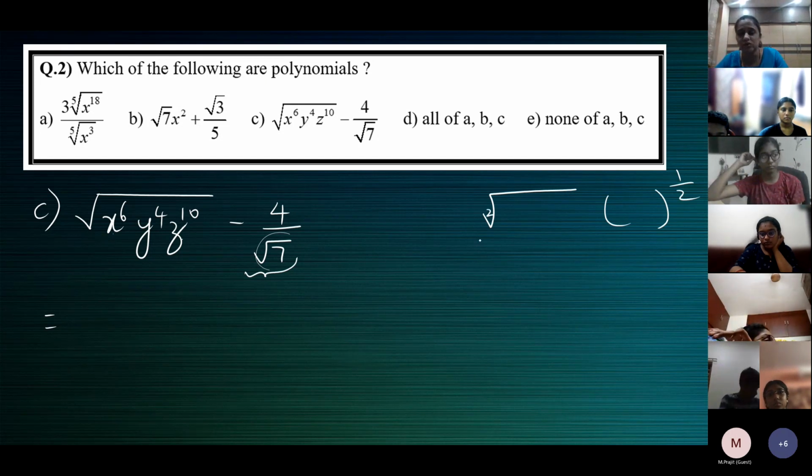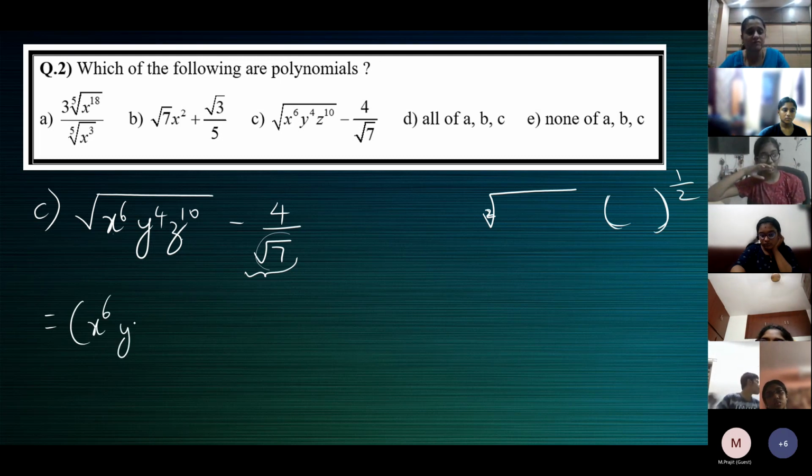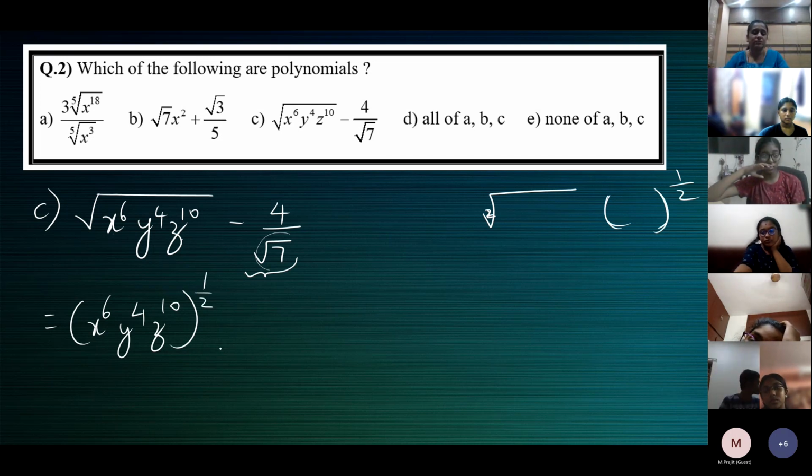Here it is x to the power 6, y to the power 4, z to the power 10. If you remove the square root symbol, you must raise the entire thing, all these under the square root, to the power 1 by 2.